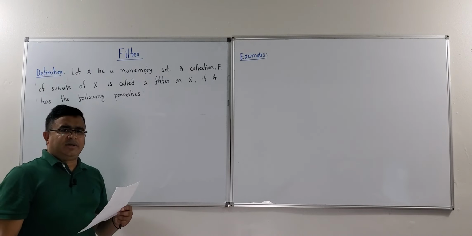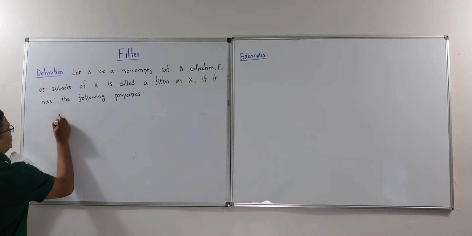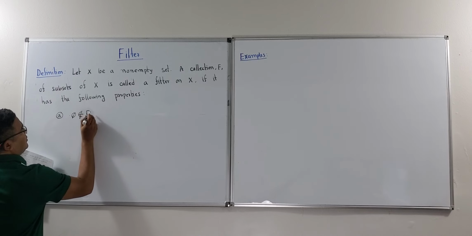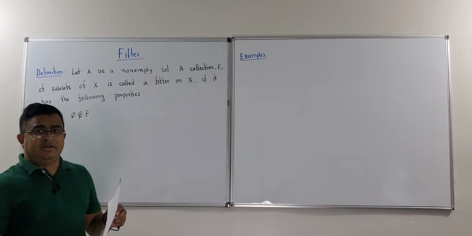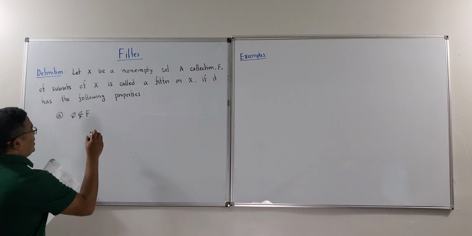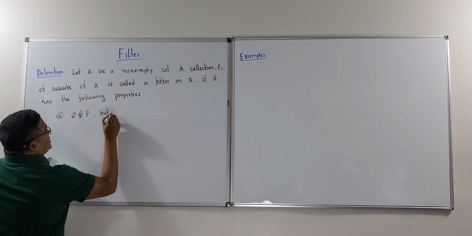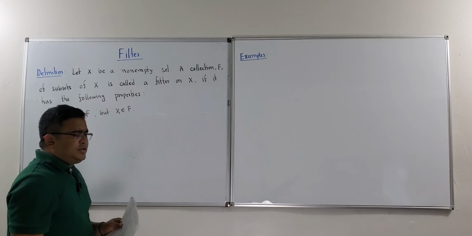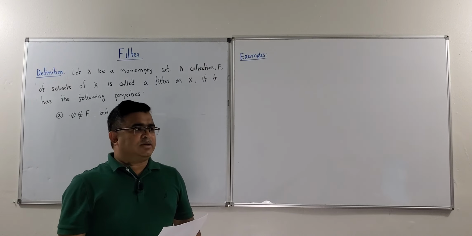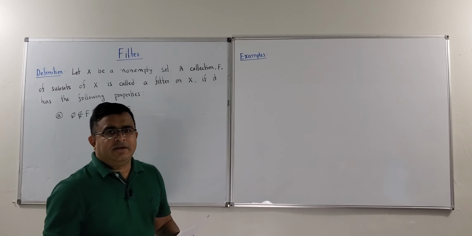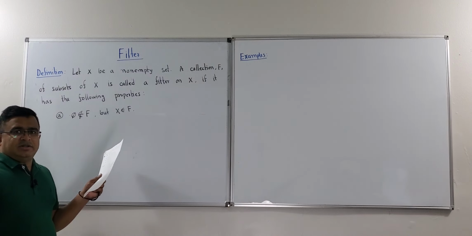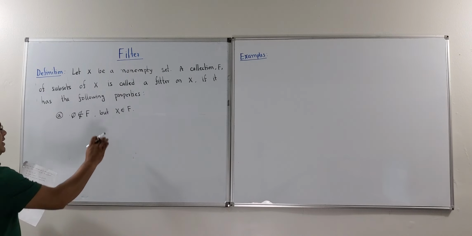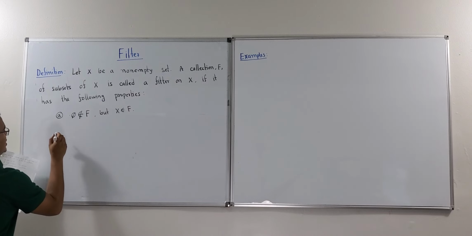The first property is, the empty set cannot be in that collection F, but the whole set X should be in F. For the definition of algebra and sigma algebra, both the empty set and the whole set were in the collection, but for a filter, the empty set cannot be in the collection, but X would be.